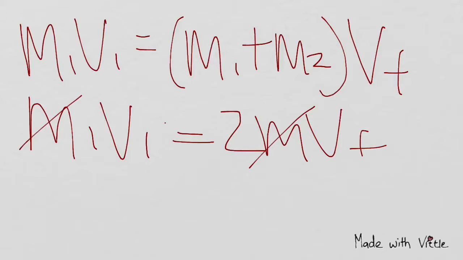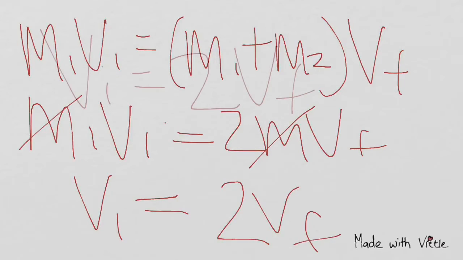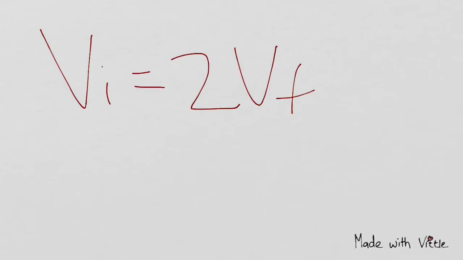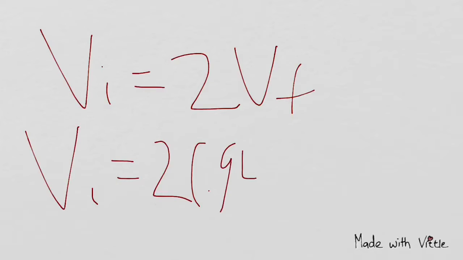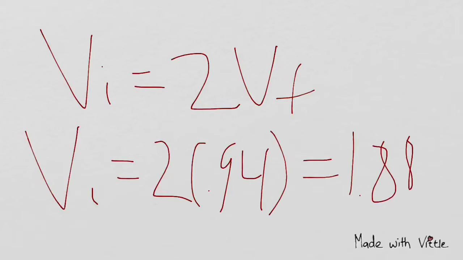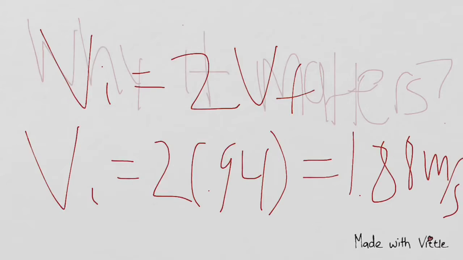The m's cancel out, so you will get v initial of the first block equals 2vf. We solved earlier the final velocity of the two-block system right after the collision, which was 0.94. So now we can plug that into the equation, and we get that the initial velocity of the first moving block was 1.88 meters per second.